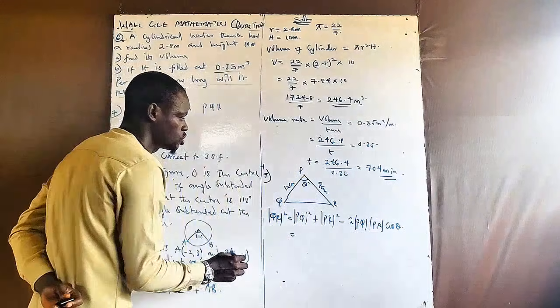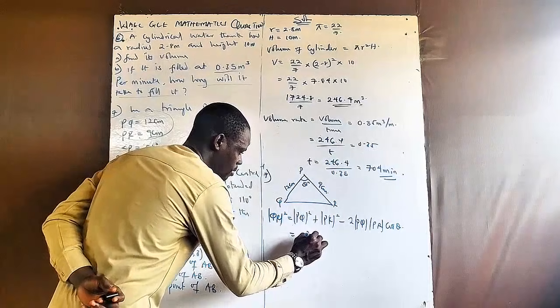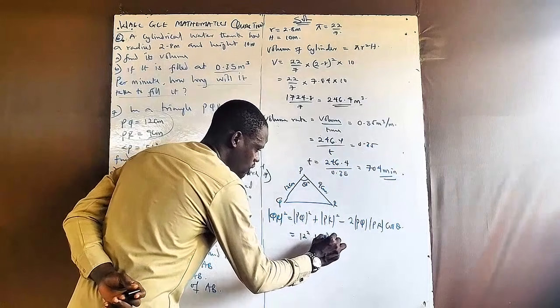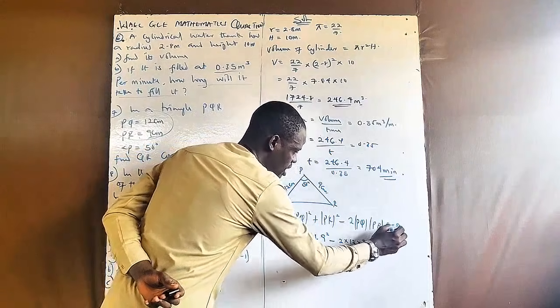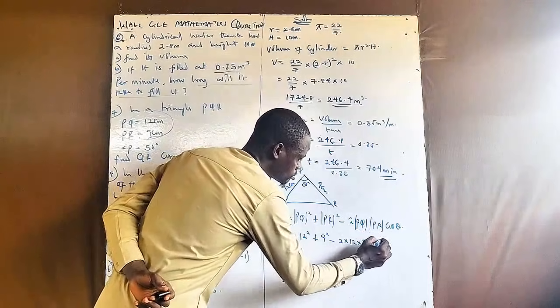Now, my PQ is 12, squared, plus my PR is 9, squared, minus 2 times 12 times 9, cos my angle, which is 50 degree.